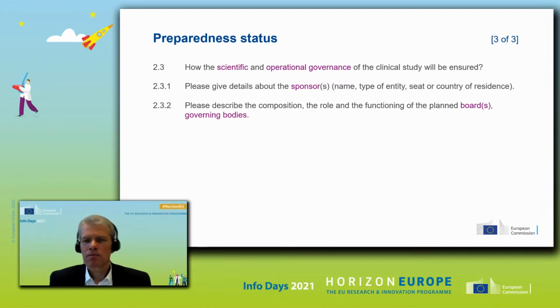And beyond knowing about the sponsor, we'd like to have an idea how the overall governance of the clinical study will be managed by the consortium. So this is not the governance of the entire project, but the governance of the clinical study. What boards are planned to be in place, and how the overall management of the clinical study will be done from a scientific and from an operational perspective.